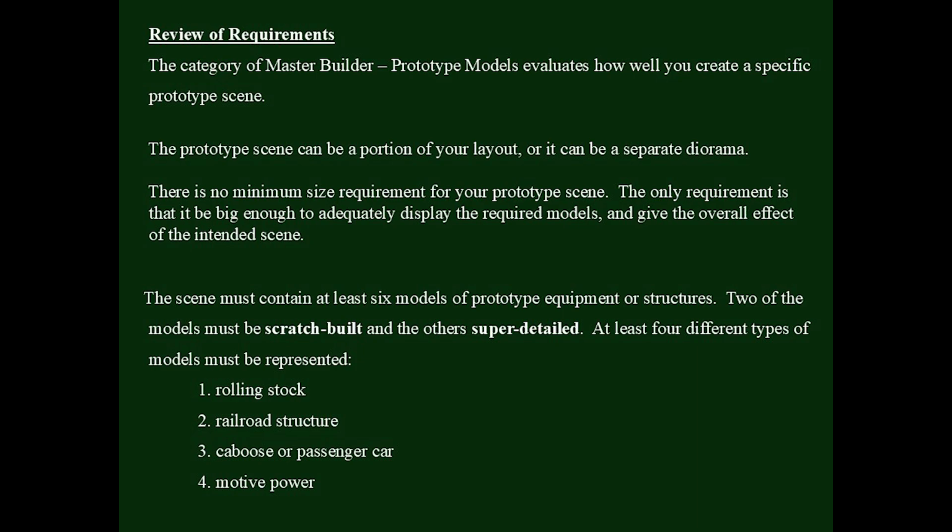At least 4 different types of models must be represented: rolling stock, railroad structure, caboose or passenger car, and motive power. From this, we can deduce that we need to select a scene which has at least one structure present, and note that it must be a railroad structure. For example, a bridge, trestle, station, water tank, and so on.